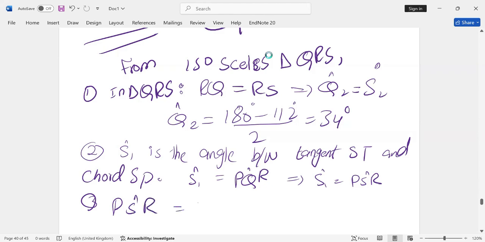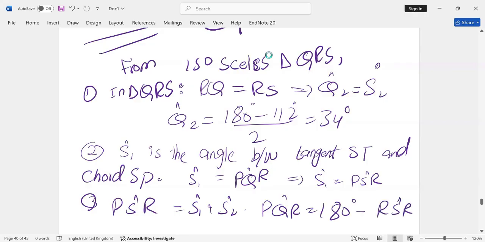PSR is equal to S1 plus S2, and PQR is equal to 180 minus PSR. Okay?